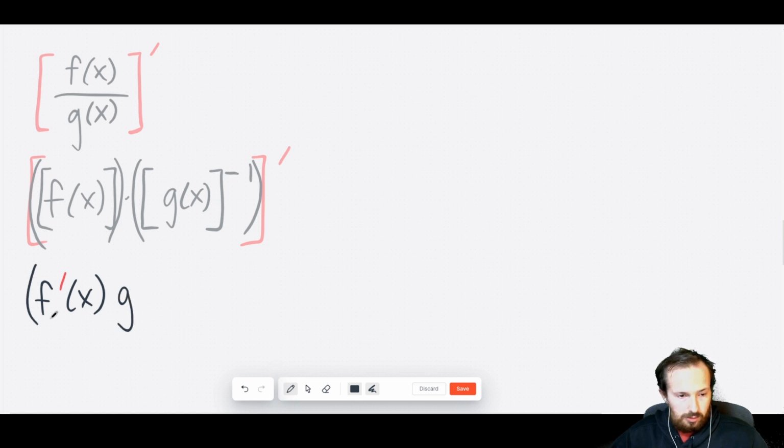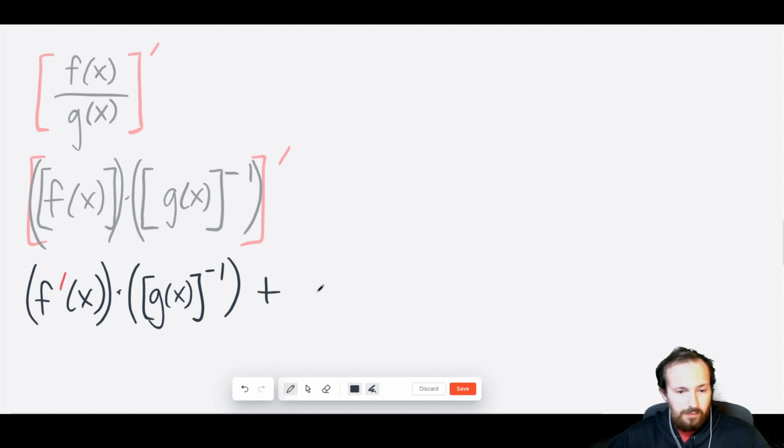Actually, I'll try to do these in as many parentheses as I can. More parentheses usually help. So g of x to the negative 1. So derivative of the first thing, f prime, leave the second, and then plus leave the first thing, f of x, derivative of the second.